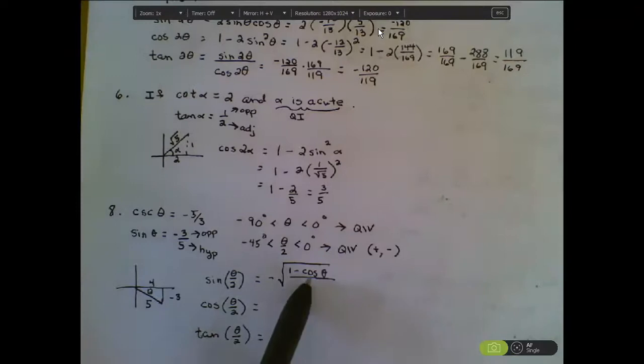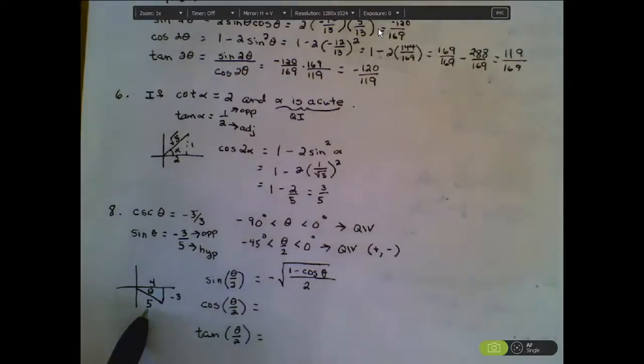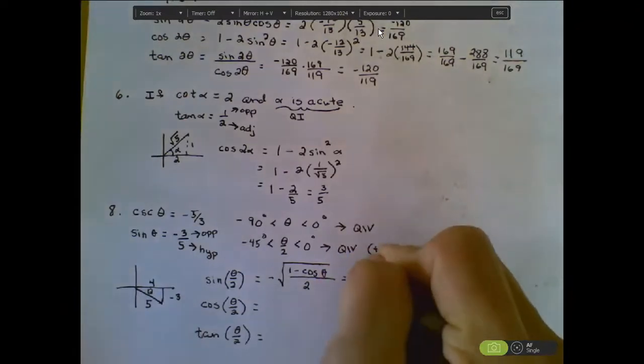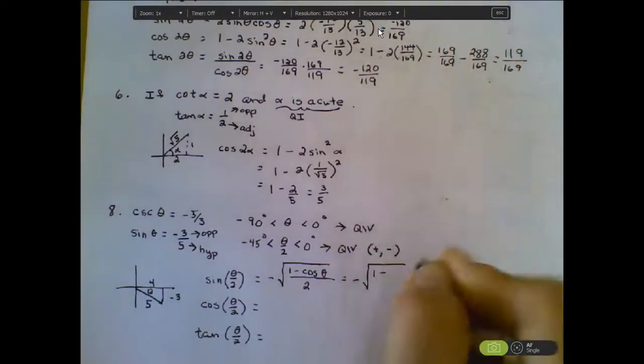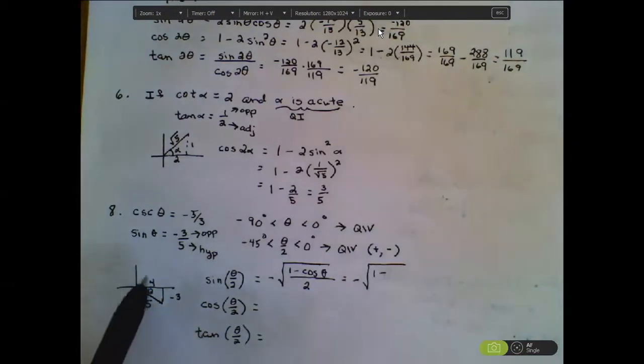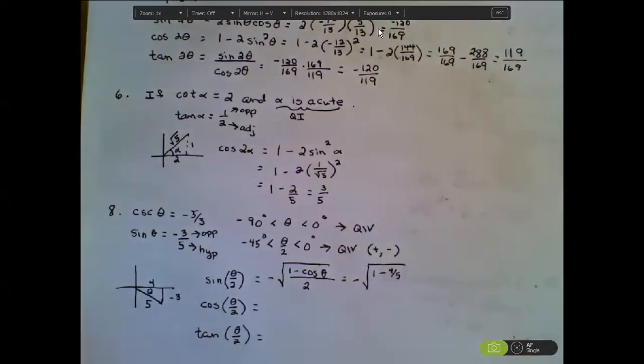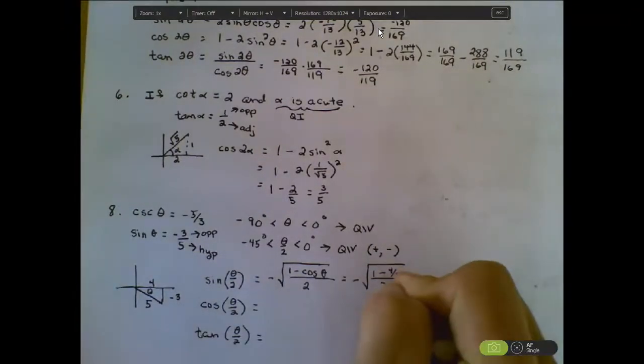And I can extract cosine theta straight from this triangle. Cosine theta would be 4/5. All right, over 2.